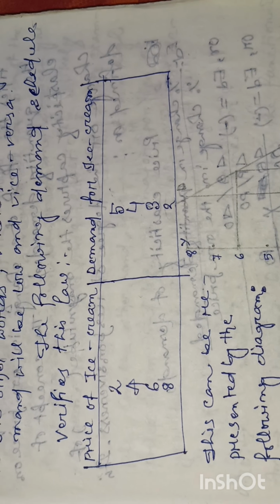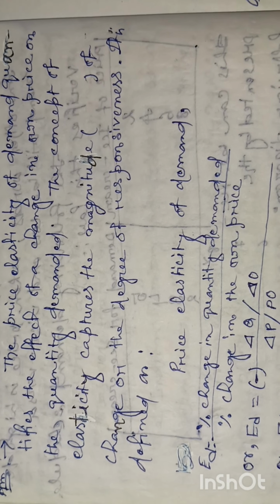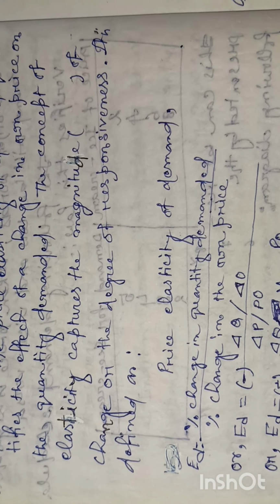Explain the concept of price elasticity of demand. The price elasticity of demand quantifies the effect of a change in own price on the quantity demanded. The concept of elasticity captures the magnitude of change or the degree of responsiveness.